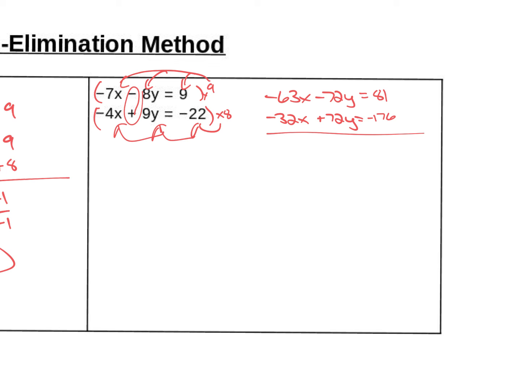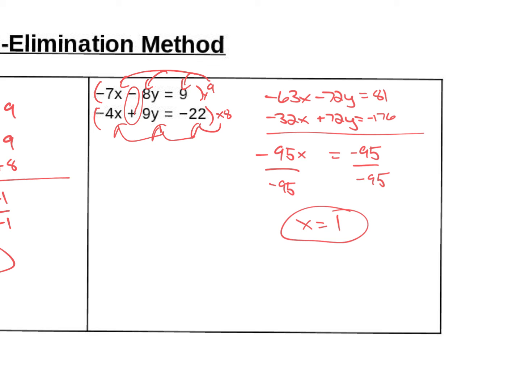And when we get to add these together, that's going to give us a -95x. All that's going to cancel. That's going to leave this as -95. And that's going to allow us to solve for x. Divide by -95. And x is going to equal 1.